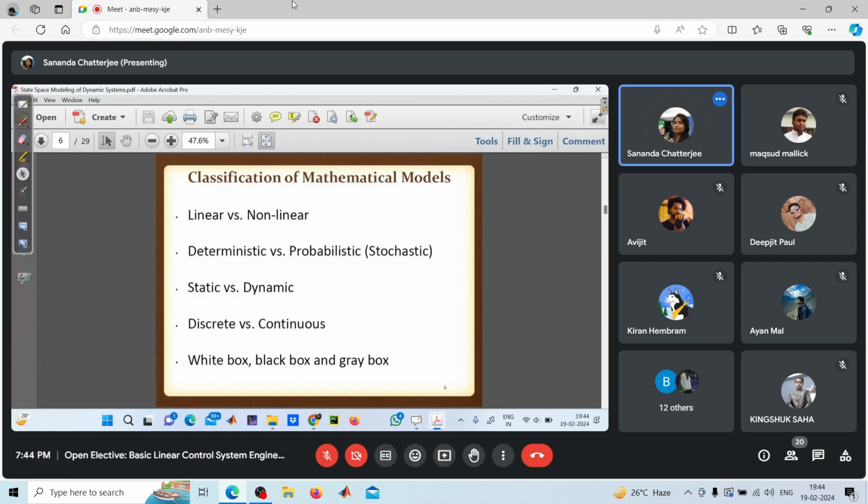Now, the type of mathematical modeling can be of three types broadly. That is, the approach by which mathematical modeling will be done can be of three types. One is the white box method, and black box and gray box.